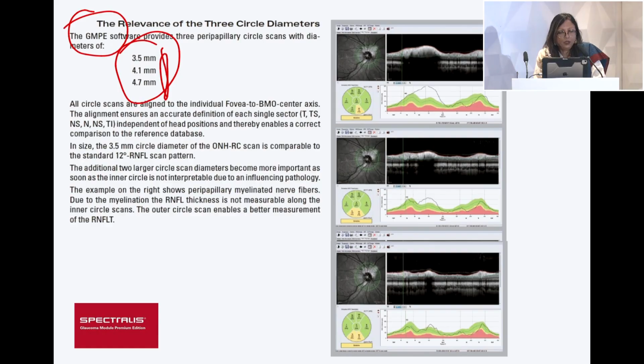The other thing I would want to stress here is the BMO central axis. So when you're mapping the BMO, that is the Bruch's membrane opening, with the minimum rim width that is there, something like this, and you use the anatomical app of the Heidelberg, then once it maps the fovea in the center, related to that, it actually maps the BMO, that is the Bruch's membrane opening.